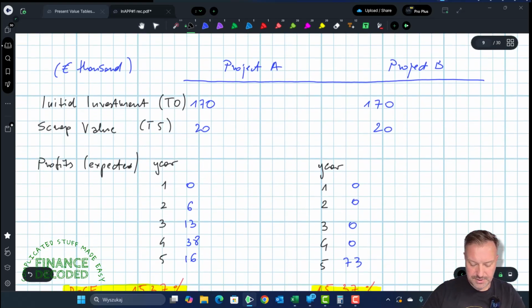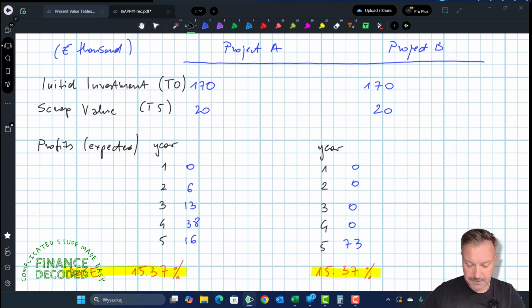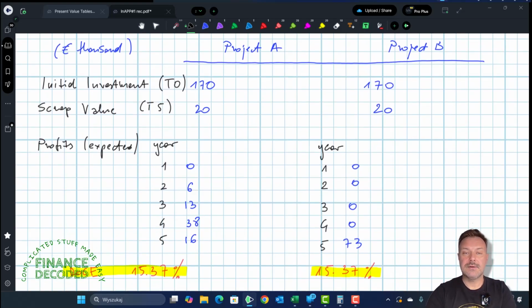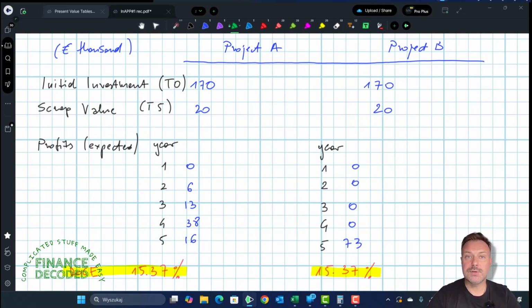Okay, if we now recall the project that we discussed when explaining the return on capital employed, in the very last part of the video, I showed you two projects, okay? And you can see them on the screen right now. The first project is the one that we analyzed, and the one for which we calculated the return on capital employed, which was 15.37.